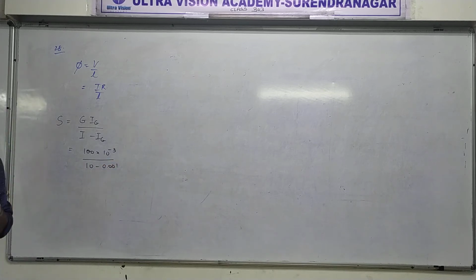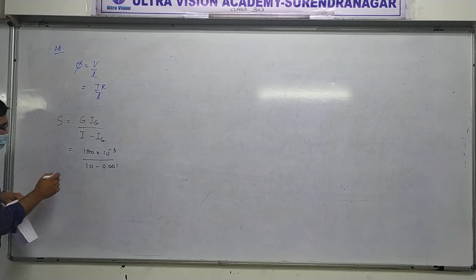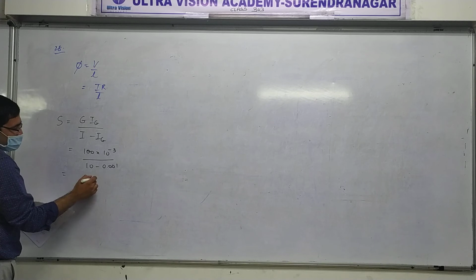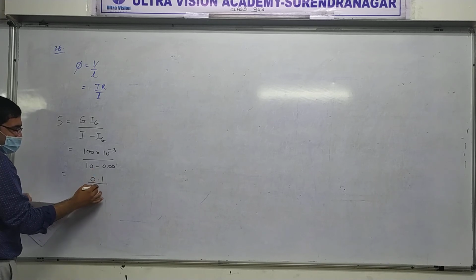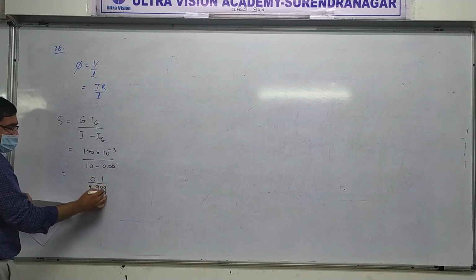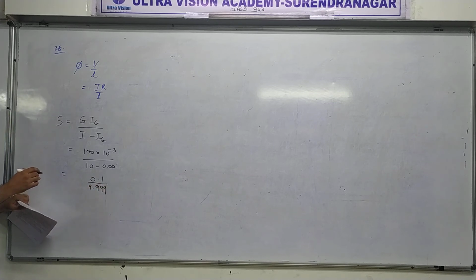Fine. So what's your answer? D. Do it without calculator. This becomes 0.1 upon 9.999, yes or no? Okay or not okay?